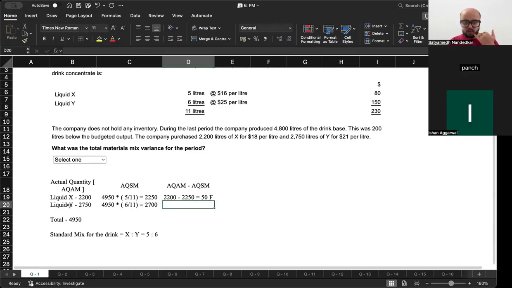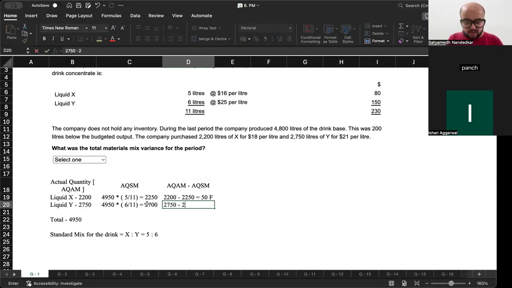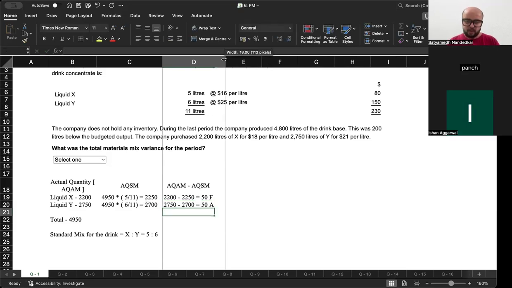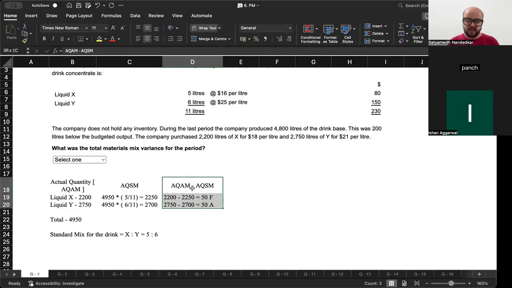And here 2750 is what you actually used, but as per the standard proportion, you should have used 2700. So you used more quantity than what you were supposed to use. 2750 minus 2700 is 50 adverse. Okay, now you will have to multiply it with the standard rate. What is the standard rate per liter?